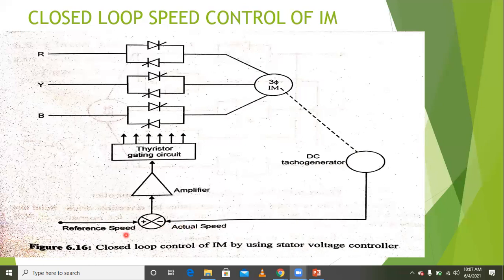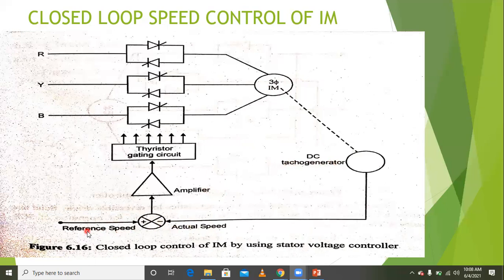The motor output is called the motor speed, that is called the actual speed. Understood? When the actual speed is equal to the reference speed, the generator output voltage is equal to the reference voltage.